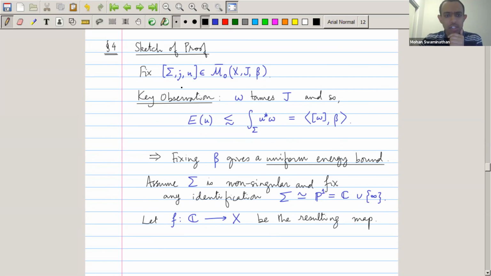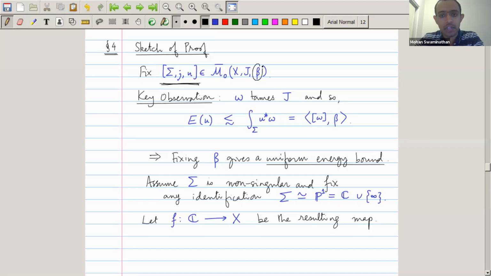So what do we need to show for the proof of this theorem? Fixing any point in the moduli space, sigma, j, u, we need to show that there exists a tree T with a bounded number of leaves, such that I can endow my curve with a thick-thin decomposition modeled on T, and so that the resulting Lipschitz constant for the map, in other words the C1 bound for the map, is bounded uniformly in terms of the original homology class beta.